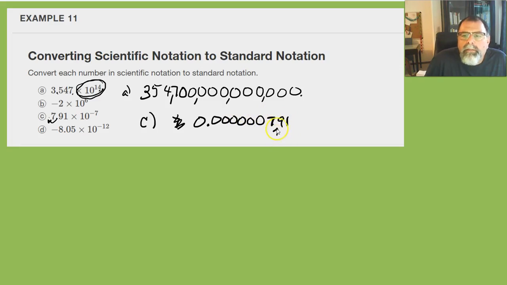The place it was originally there, 1, 2, 3, 4, 5, 6, 7. So you're going to have 6 zeros, then 7, 9, 1. The decimal point, you don't need to write this first 0. A lot of people do. Sometimes I do, sometimes I don't. Okay, so that'll be in standard notation.